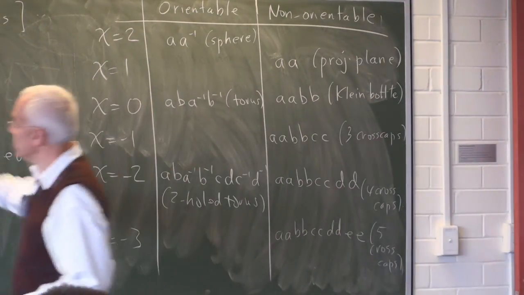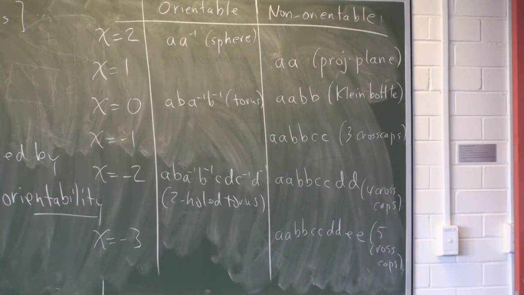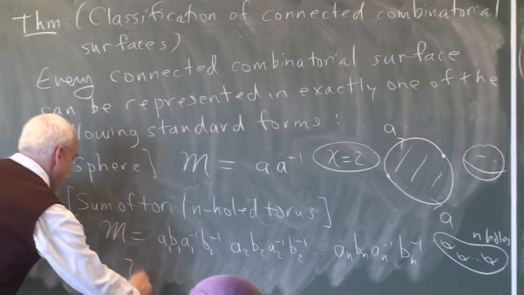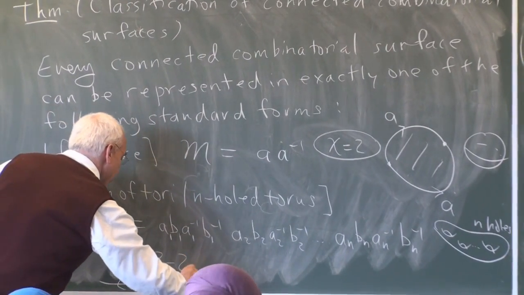So maybe I'll just write down what the Euler characteristics are in these 3 cases. For the sphere, we have chi equals 2. For an n-hole torus, the Euler characteristic is 2 minus 2n.